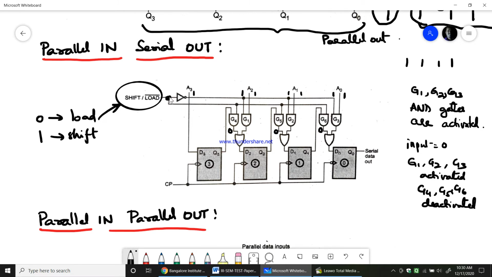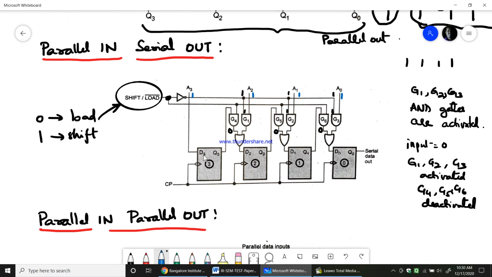Whereas when the input is 0, the NOT gate output will be 1, and that 1 is given to the inputs of G1, G2, G3. Now whatever data you give for A3, A2, A1, A0, those inputs are given through these AND gates.